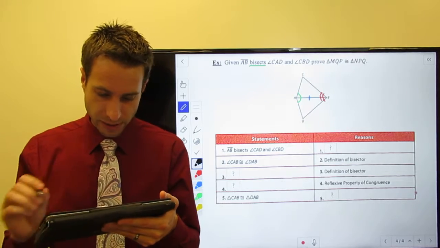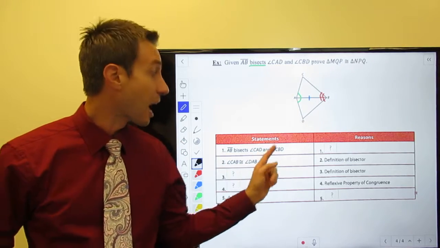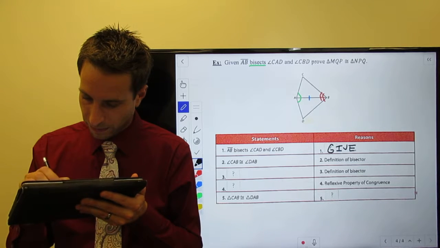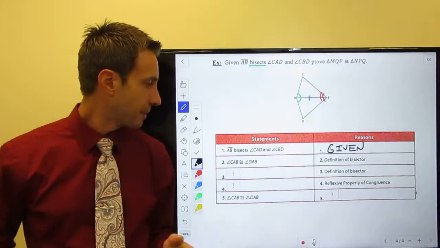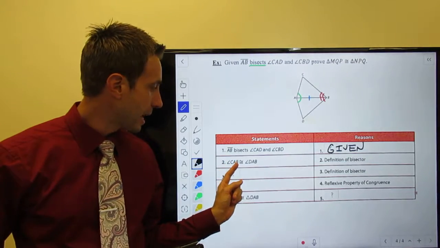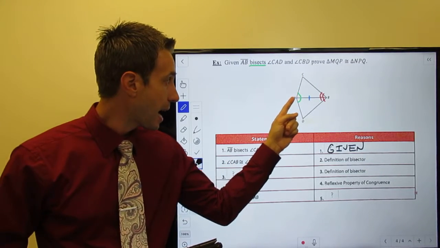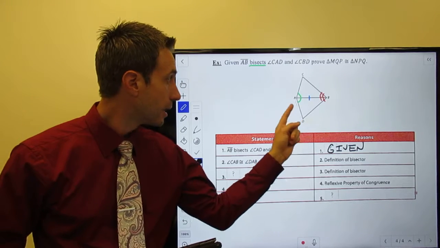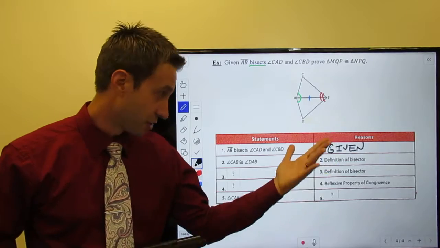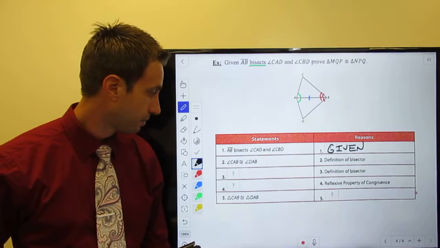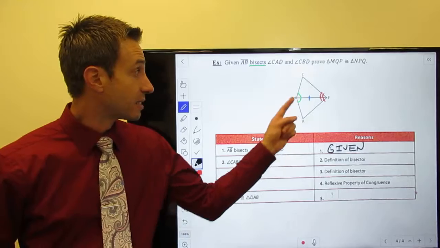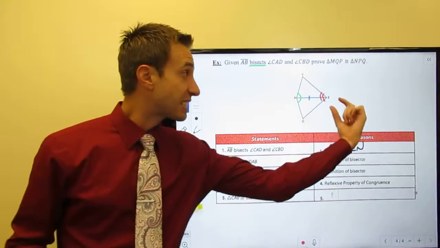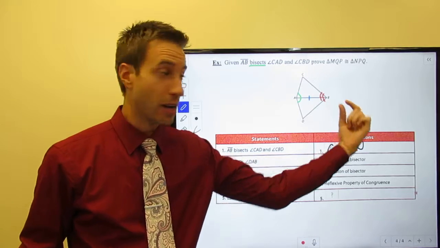Anyway, let's go ahead and start filling stuff in here. AB bisects. That was definitely given to me. Let's see. Angle CAB is congruent to angle DAB. Definition of a bisector. Since I know these two angles are congruent by the definition of a bisector, the exact same thing happened over here, right?